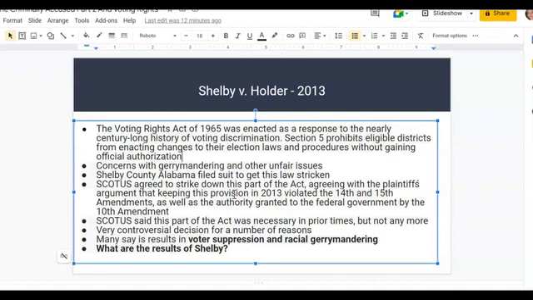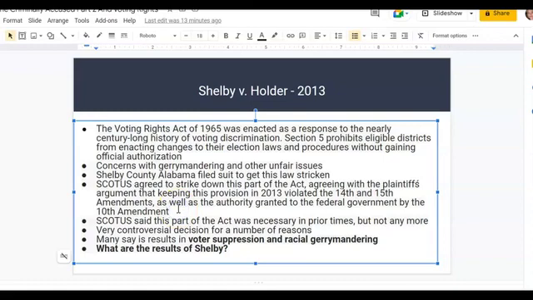So this ruling has been in place since 2013, and since then, we've seen many states, mostly in the South, not always in the South, but almost always states that have a huge history of issues and unfairness when it came to enhancing and protecting voting rights of all Americans.